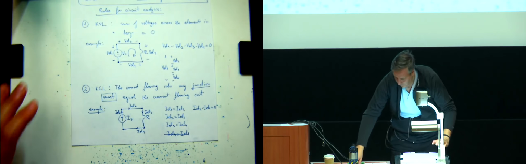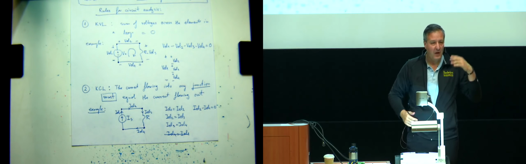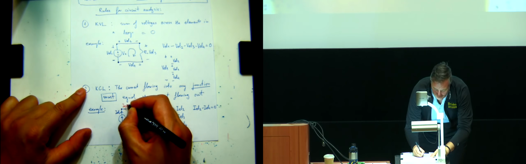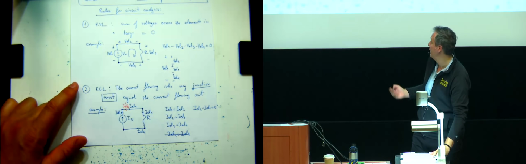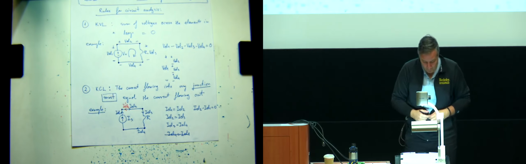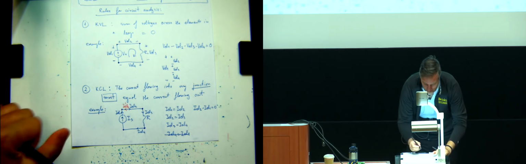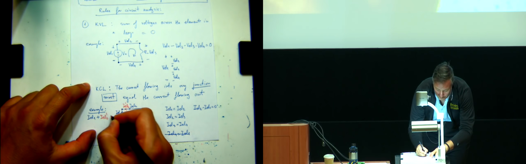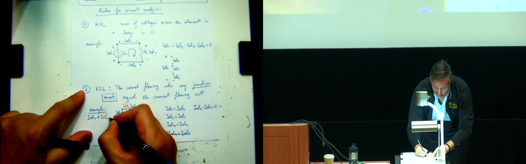Okay. So let me just squeeze in a few other things here. For example, if in my labeling I went in and labeled I element 2 prime, like this, and not in that other direction, how would the equation look for this junction? I'd have I element 1 plus I element 2 prime equal to 0, right?